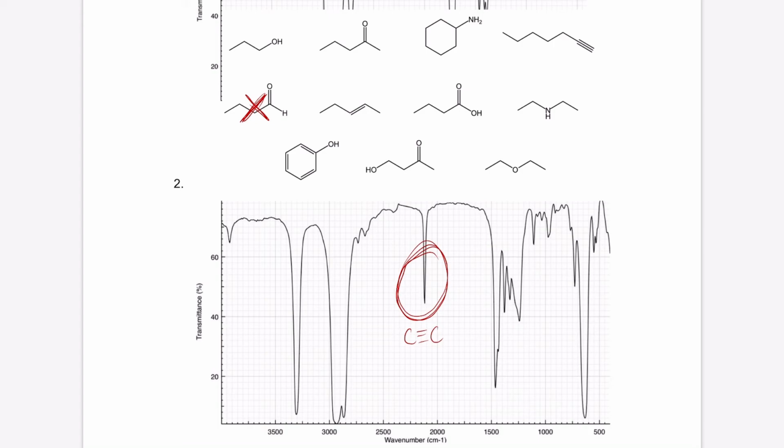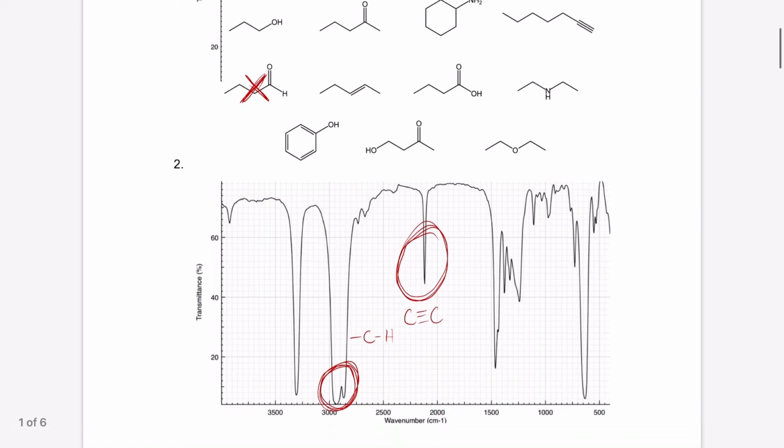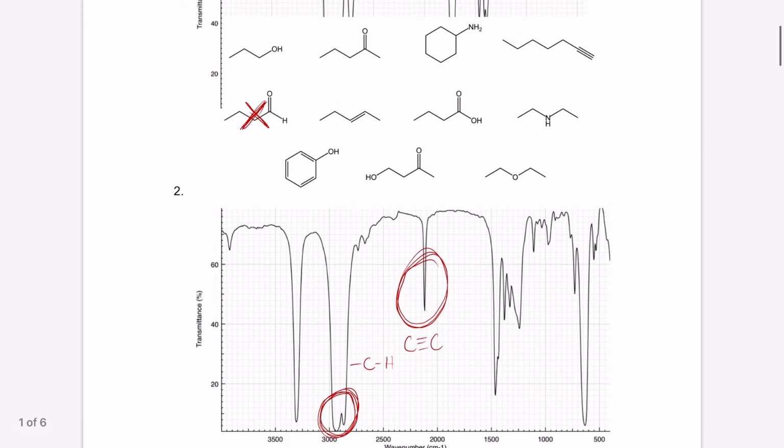And to confirm that this could be an alkyne, because we do have some alkane stretching over here, our alkyne carbon-hydrogen stretching can be found around 3300. And that is what this band represents, right around 3300.